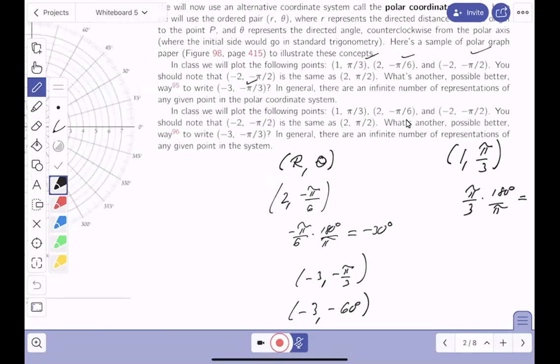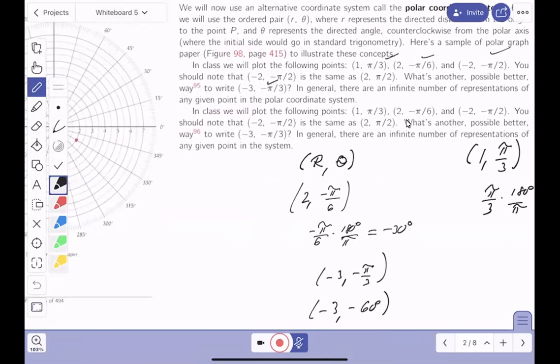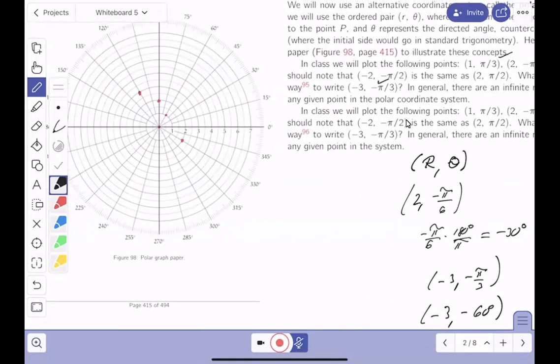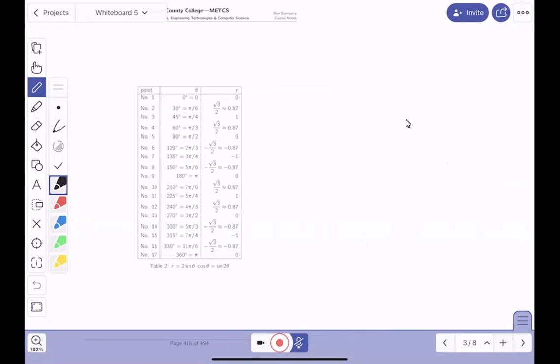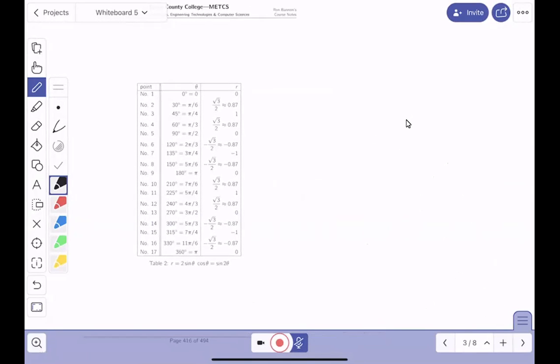The polar graph paper, certainly you can use that. You can print this out as much as you want, and you can use that graph paper if you like. Now, again, let me write this down for you. This is the single worst way of doing the problem, but you were told to do this, by the way. And what were you told to do? If r is equal to 2 sine theta cosine theta, what some of your teachers said to do was come up with a table.